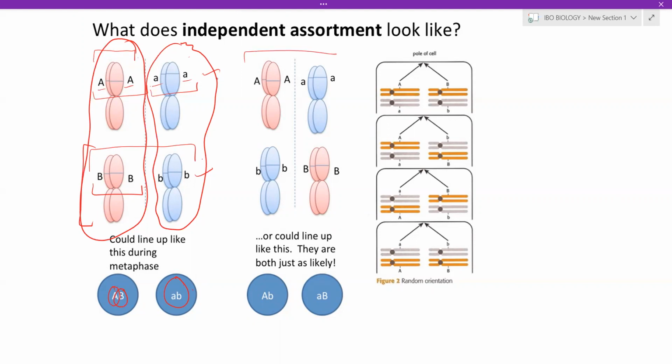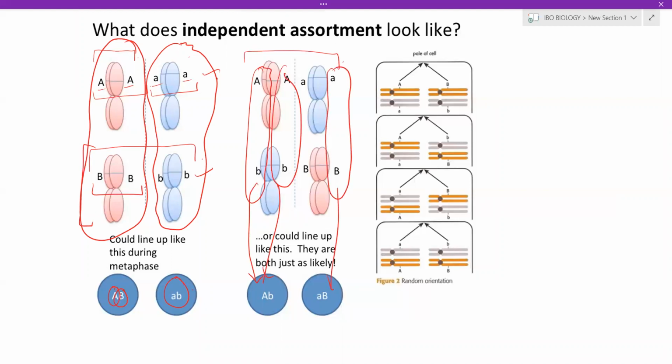In the right side combination, the capital A will have a small b with it, and both go into the same gamete. The same applies over here. And then the last combination: small a can go with the capital B, which gives you this type of gamete, and the same applies here as well.